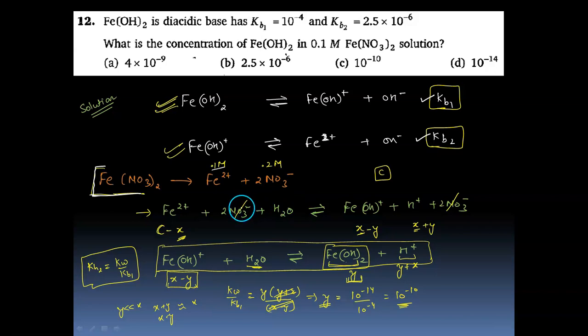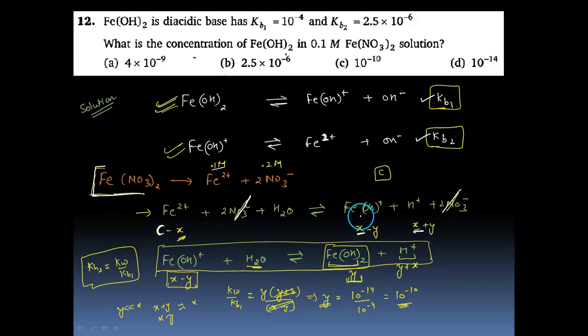NO3- is an anion of a very strong electrolyte HNO3, so it's not going to establish an equilibrium with H+, so that can be neglected from both sides of the reaction because it does not hydrolyze. So concentration, let us say this is 0.1, which is C minus X, gives us X and X.